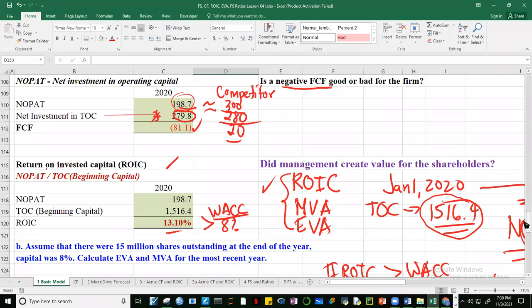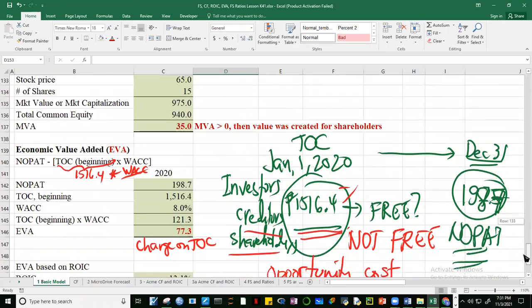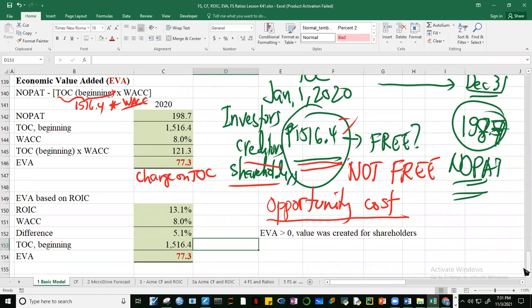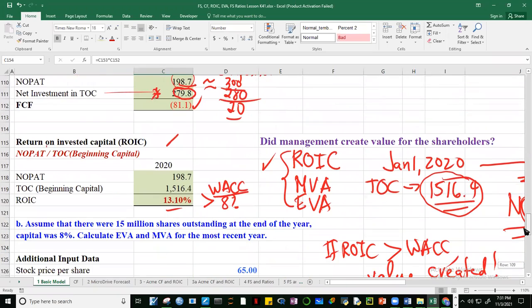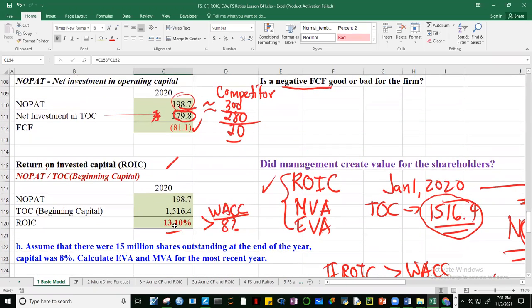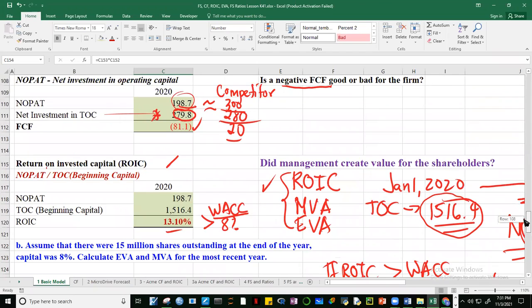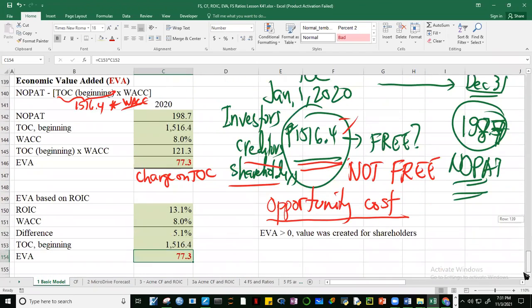But the reason why economic value added is computed is because we would want to see the amount, the economic profit of the firm. Ito kasi economic profit yung 77.3. And if we just base it on ROIC, hindi natin makukuha yan, no? So we have to dig deeper and compare this and get the difference and then multiply it by how much was provided to management at the beginning of the period.